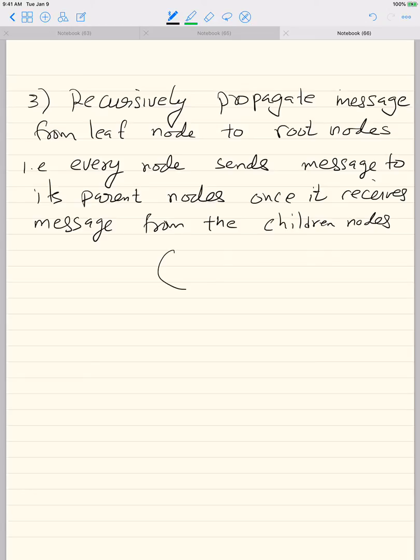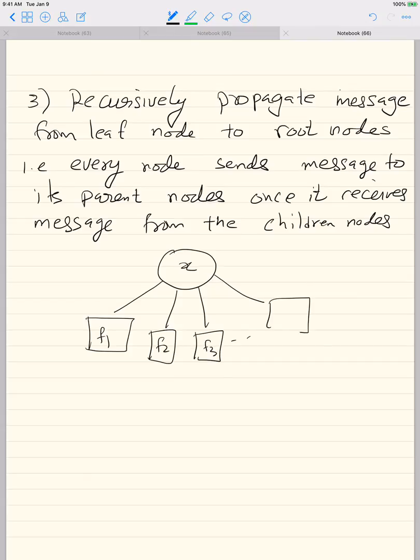So the idea again is that for any node x, you will have a bunch of factor nodes which would again be having a bunch of descendants.